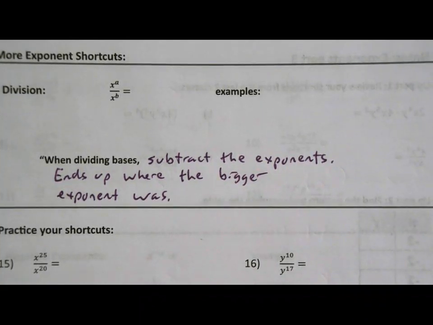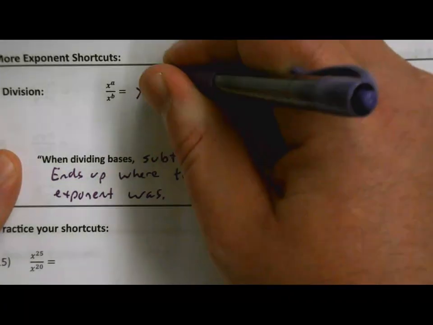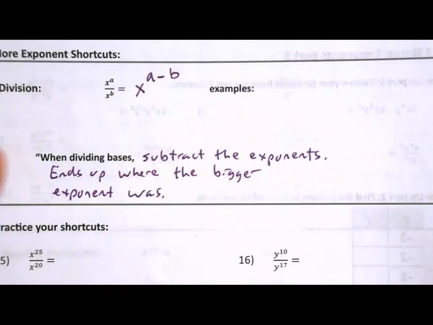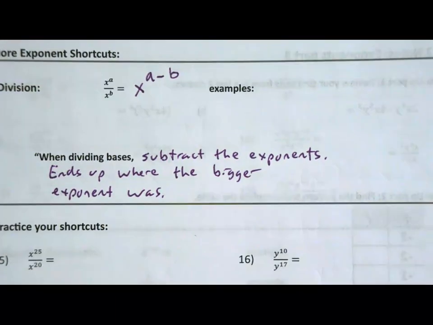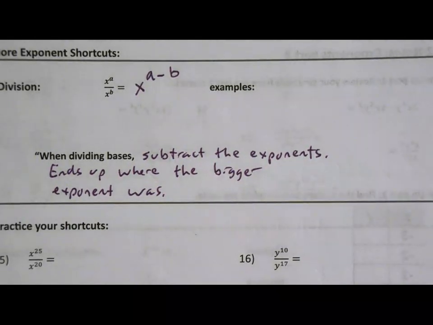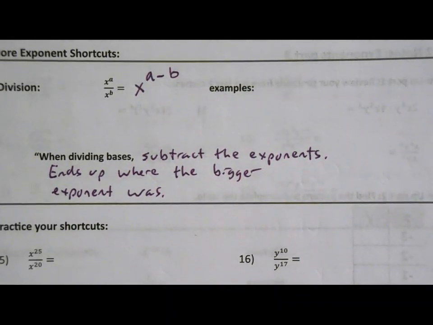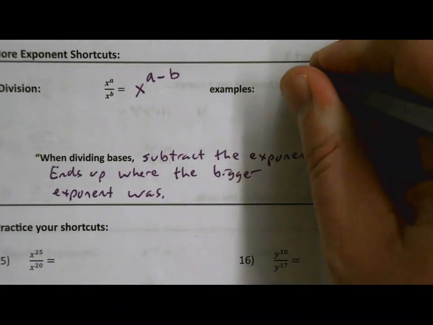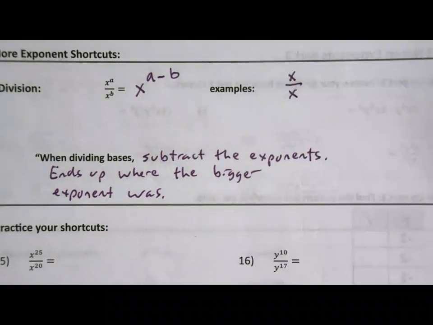So when I've got a over b, you guys are saying that we would subtract. We would go a minus b. I'll let you come up with your own examples. Someone help me out with an example. Give me a couple exponents I can put onto these x's.